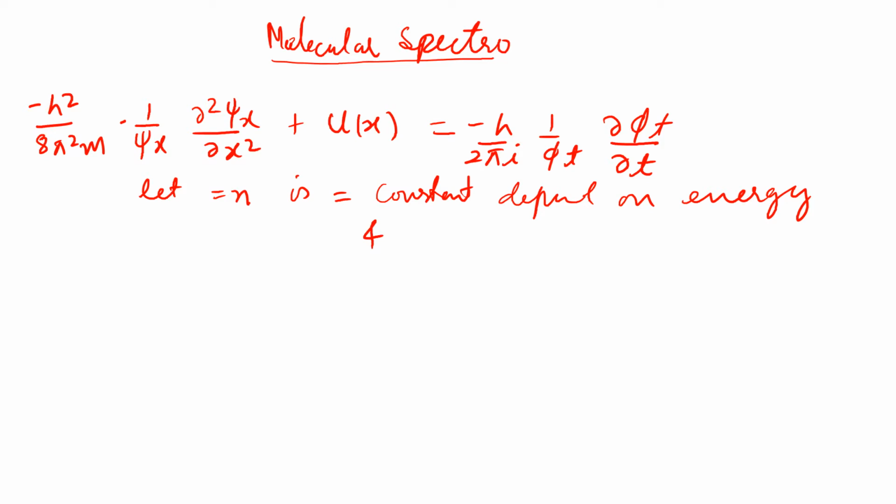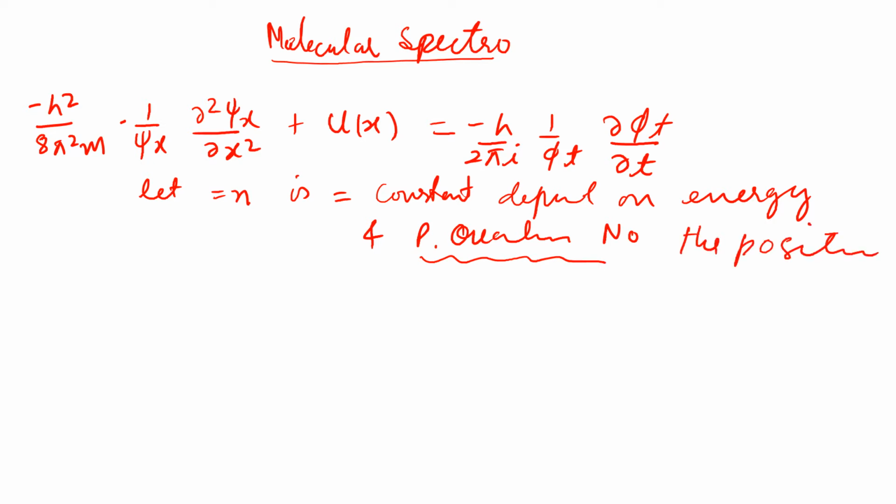So we have to define the position of a system, and we know it is defined by the quantum number. So it is the principal quantum number, which is denoted by n.